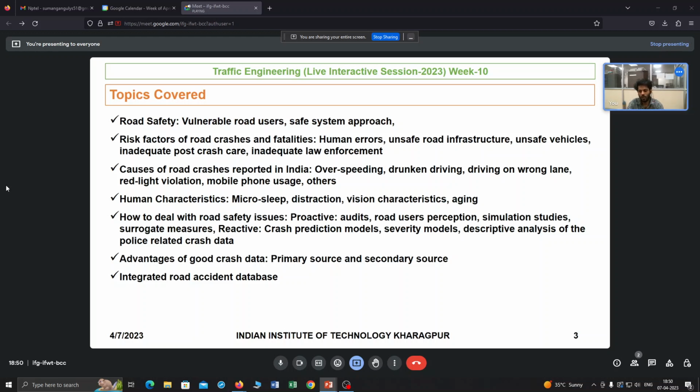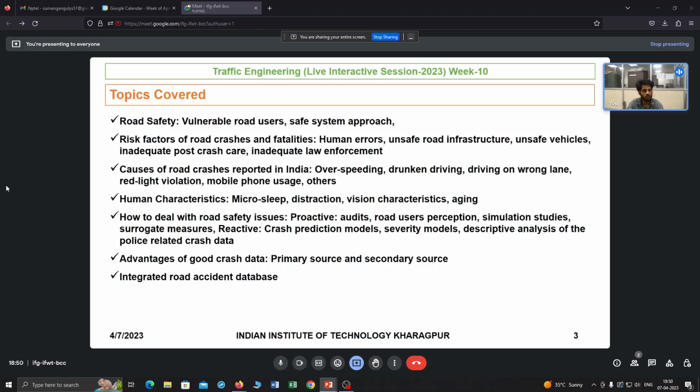Then it may also happen that your road infrastructure is not safe enough. So your road infrastructure is unsafe. Suppose you have provided a horizontal alignment, but maybe the stopping sight distance is insufficient.